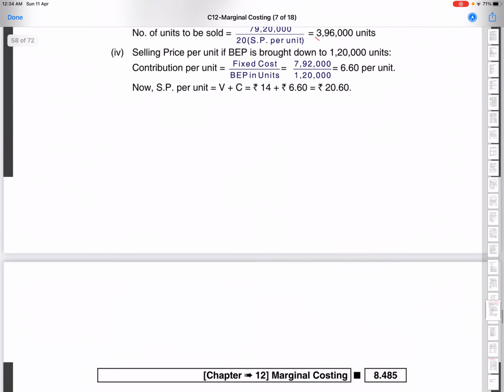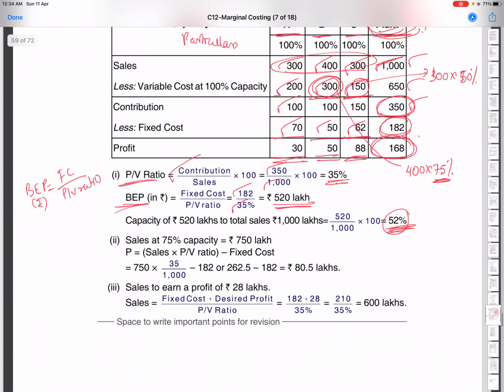Second, profitability of working at 75% capacity. So simple, take the whole data. If 1000 is for 100% capacity, 75% is 750 sales. Profit they are asking.